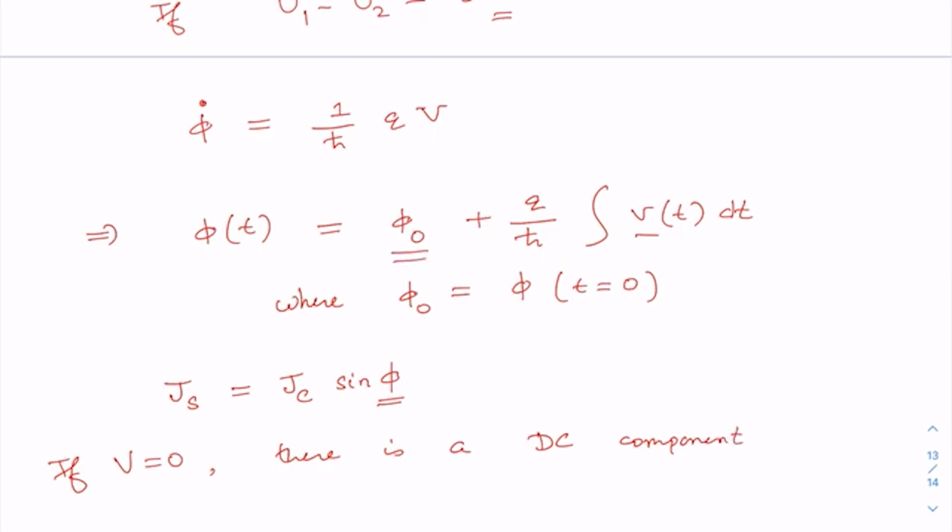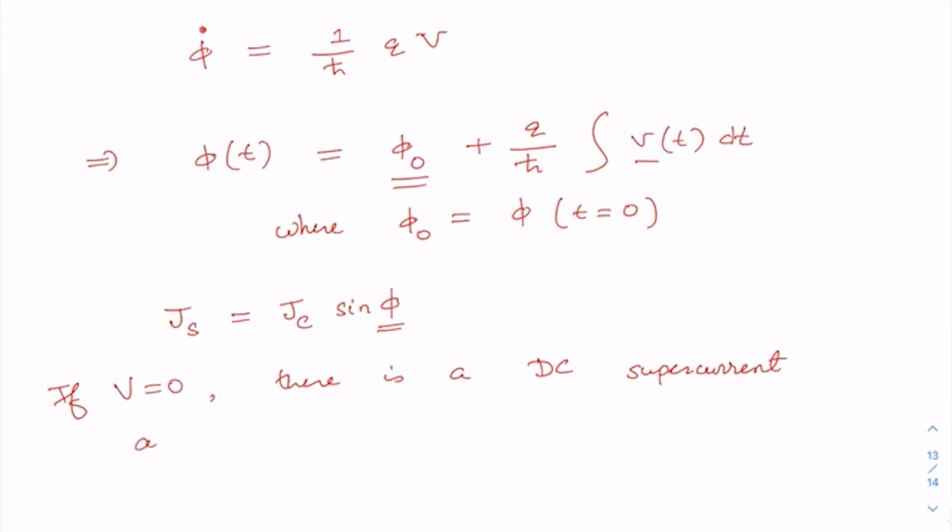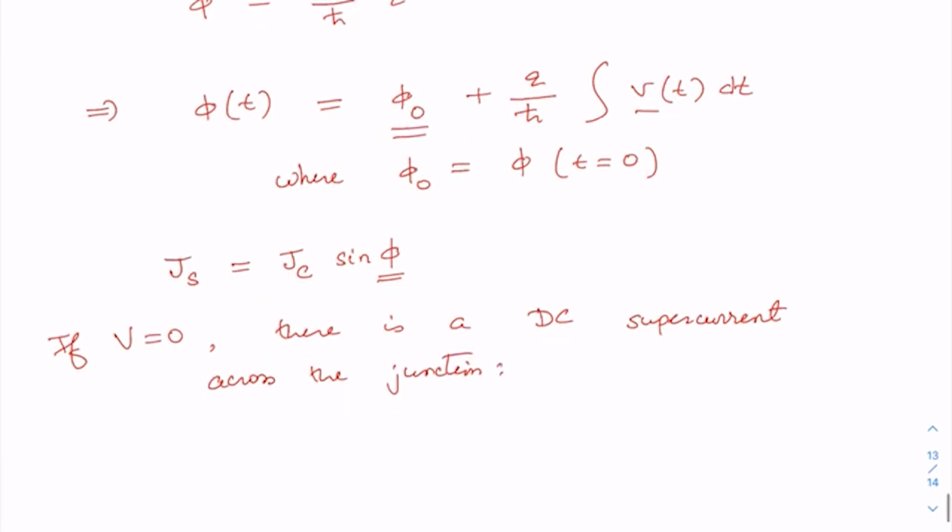So there is a DC supercurrent across the junction, and it is given by Js is equal to Jc sine phi 0.